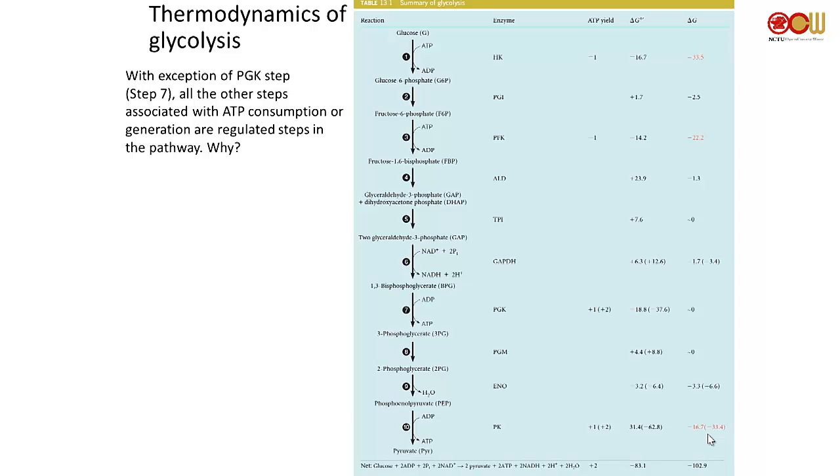Now, let's take a brief look at the thermodynamics of glycolysis. This is the 10 steps. I know the numbers are a little small for you to see, but what you'll notice is that with the exception of PGK, which is step 7, it just so happens that the energy for 1,3-BPG going to 3PG producing ATP is pretty much the same as the reverse.